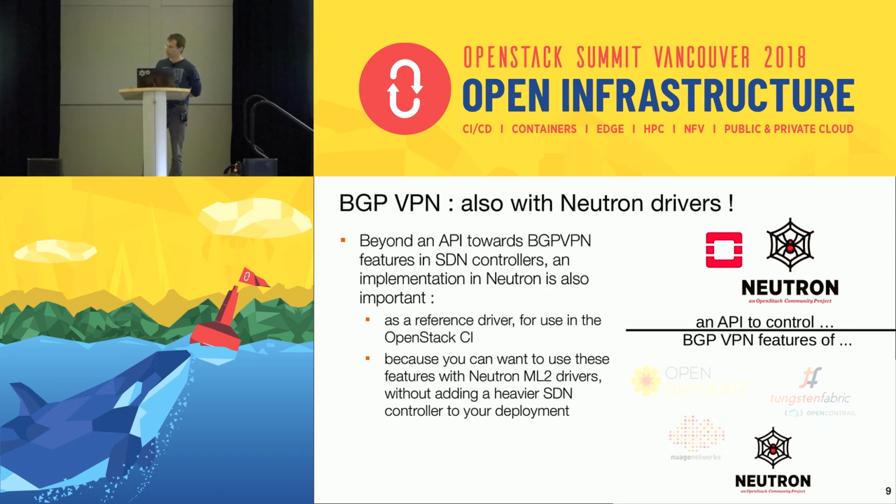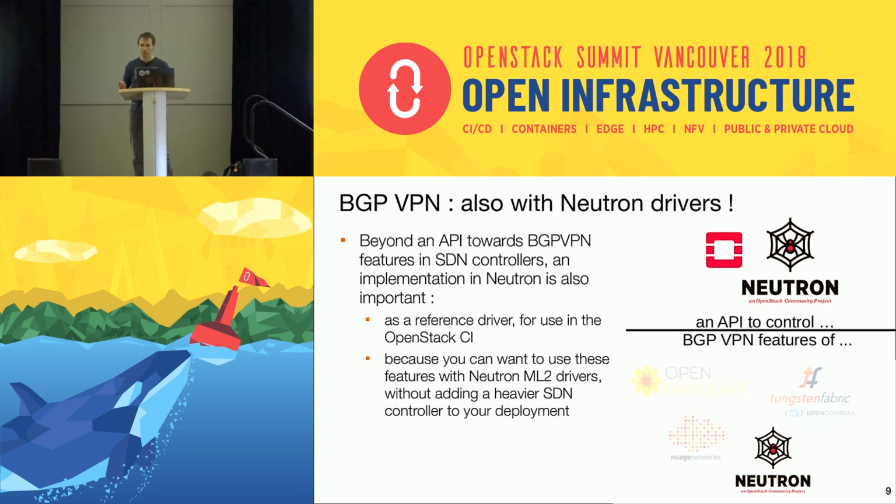The second part that was relevant to achieve, beyond controlling features that are present in SDN controllers, was to have also an implementation in Neutron. And this was important for two reasons. One is that to develop an API and the corresponding Tempest scenario suite and so on, we need a reference driver in OpenStack in the community.